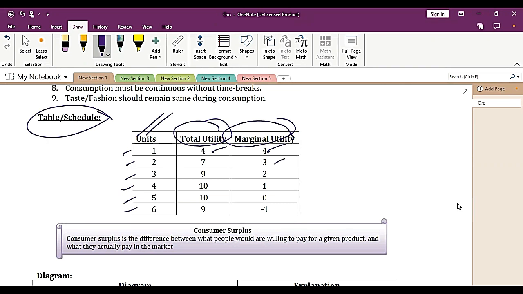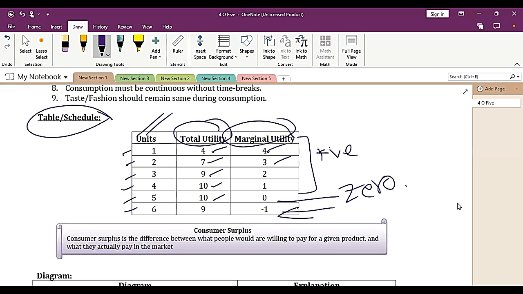Total utility is increasing because marginal utility is positive. When total utility is at its maximum point, marginal utility becomes 0. And when marginal utility is negative, total utility also starts decreasing.